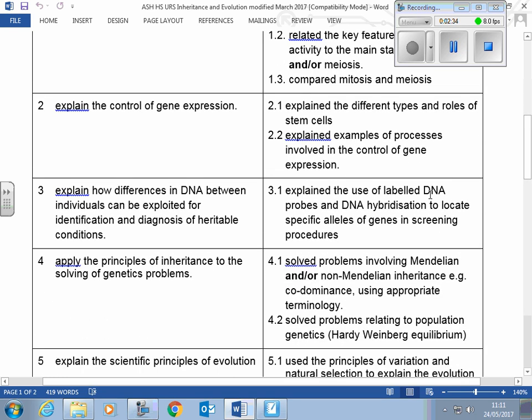The control of gene expression, yeah, this was not my finest hour. The bit on stem cells is really just about saying what the types are, totipotent, pluripotent, multipotent, that sort of thing, and what their key features are. And then explained, which you're not actually going to explain, it's only really going to be state, examples of processes involved in the control of gene expression.